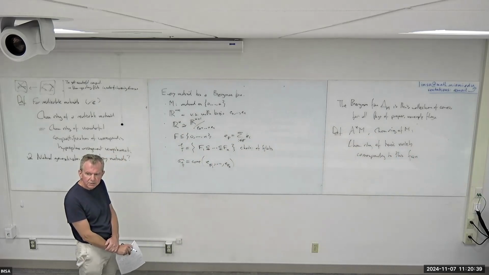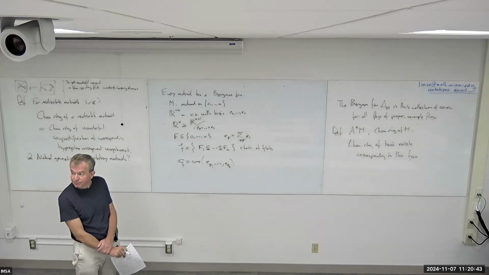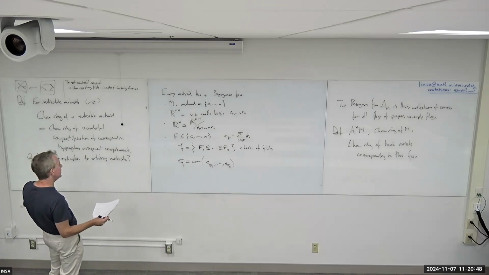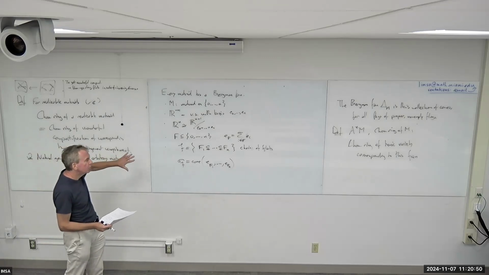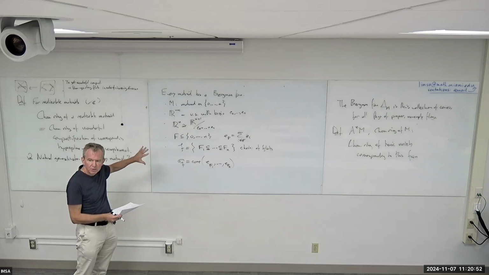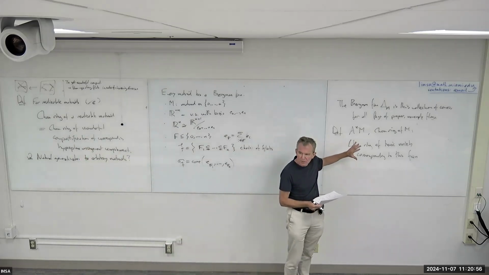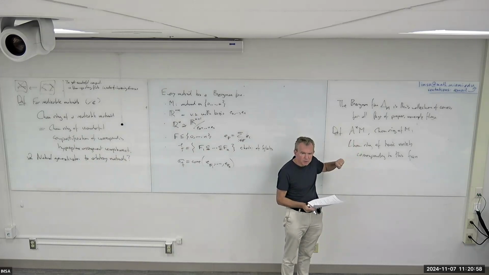I have a provisional definition that has been erased. In the realizable case, I was proposing the Chow ring of the wonderful compactification. Here I'm proposing another Chow ring. Are they compatible or not?